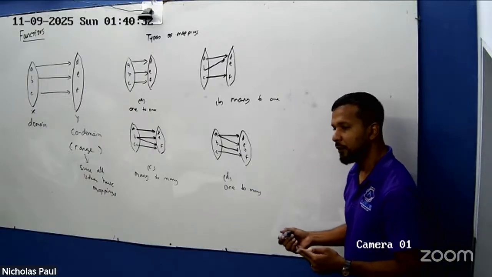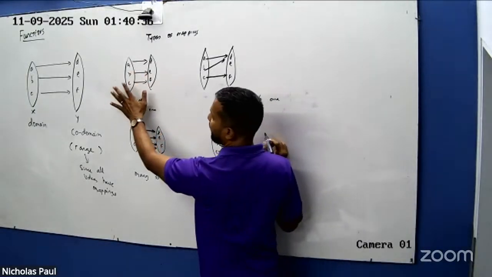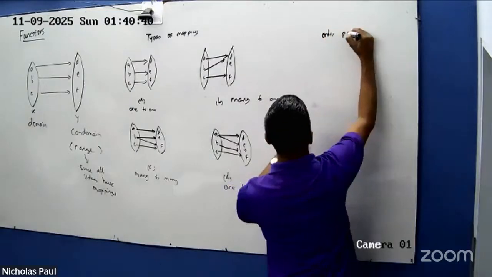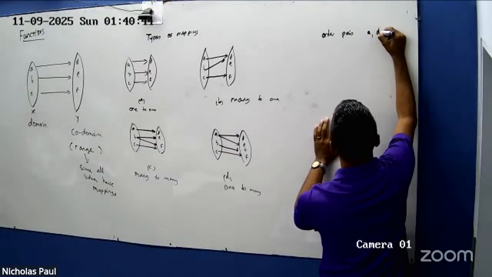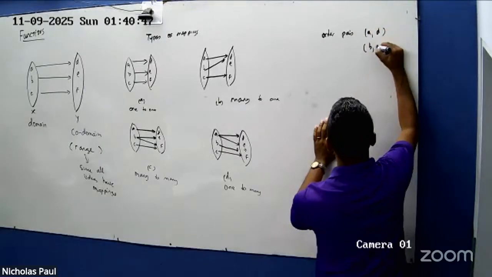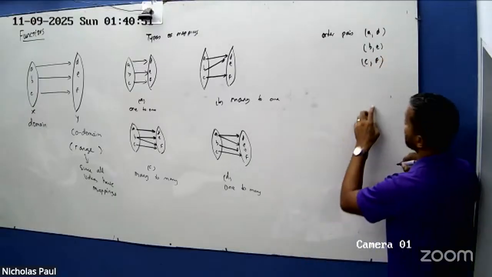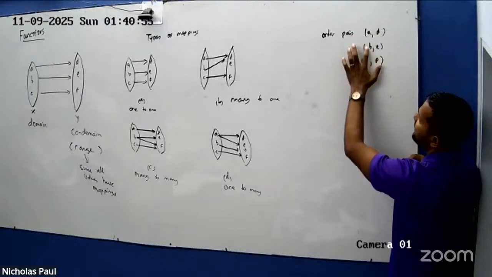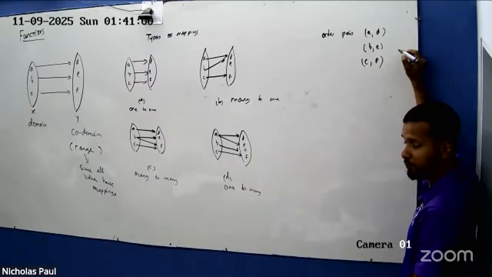Right? So look here. By the way, I forgot to remind you what ordered pairs are. The ordered pairs for this one are A, D, B, E, C, F. You'll recognize that none of these ordered pairs have the same first element from the domain.